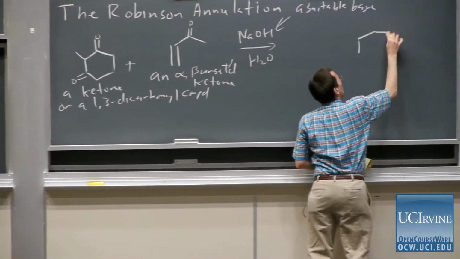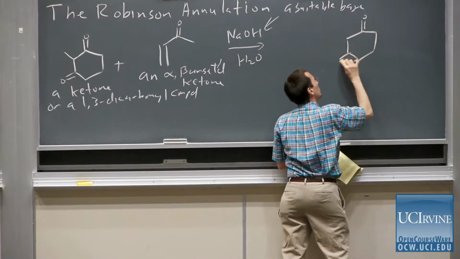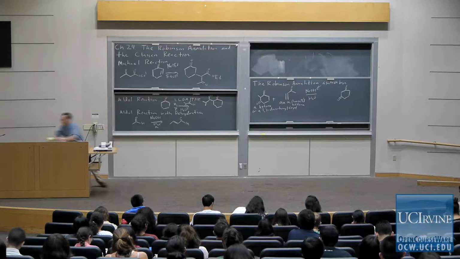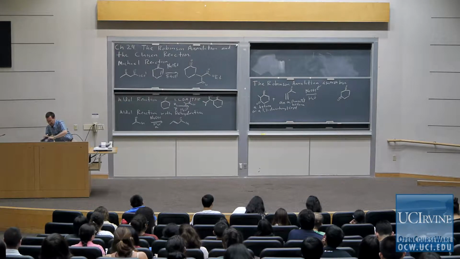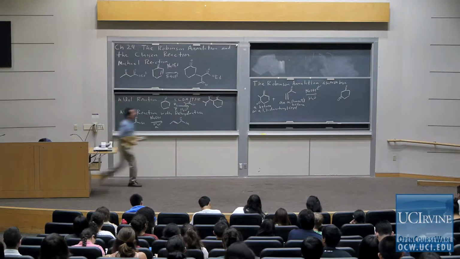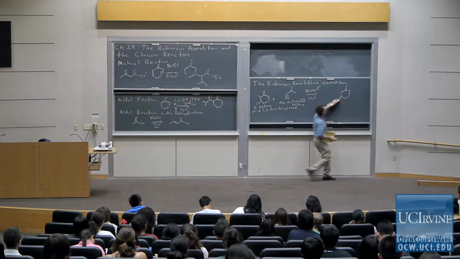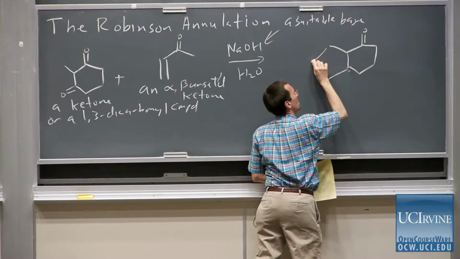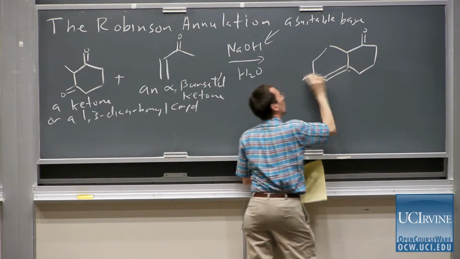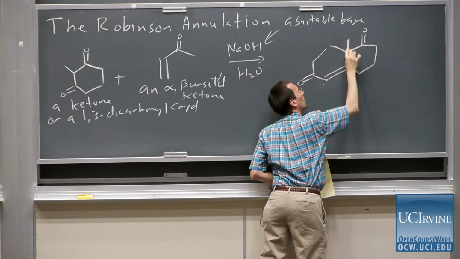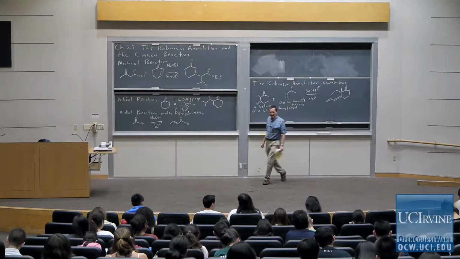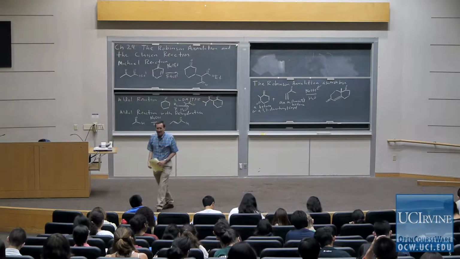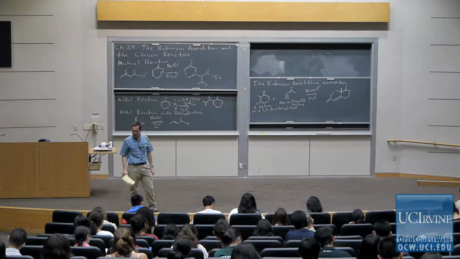And these two components come together in a series of reactions to form a cyclohexanone. And you look at that and you say, my God, how did that occur? Obviously, there's a lot of chemistry going on here.